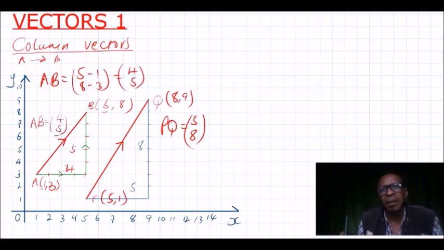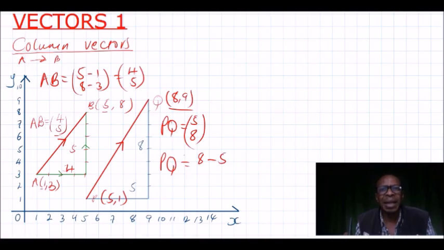For PQ, we take the coordinates of Q minus those of P: 8 minus 5 and 9 minus 1.